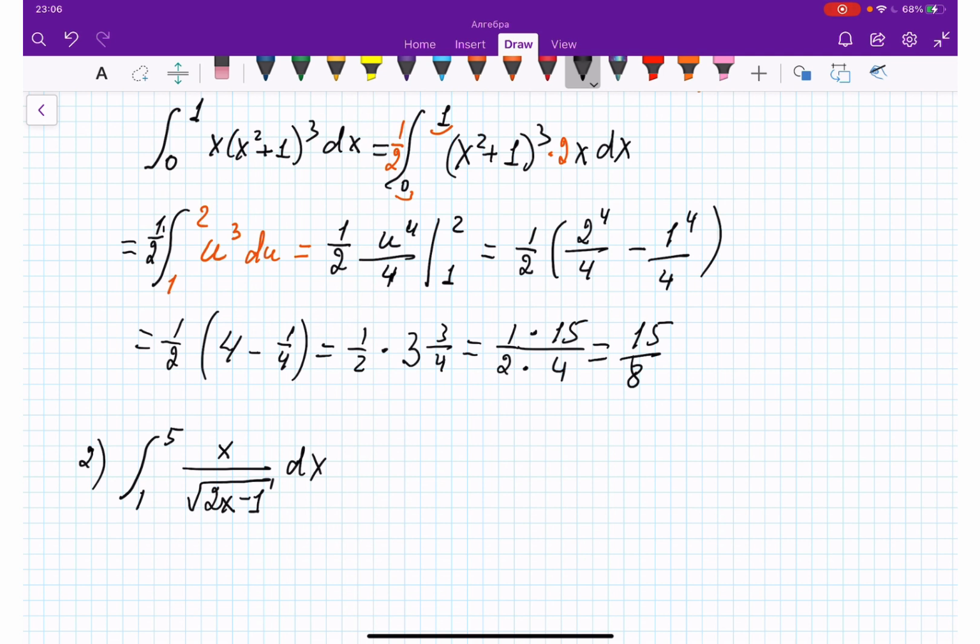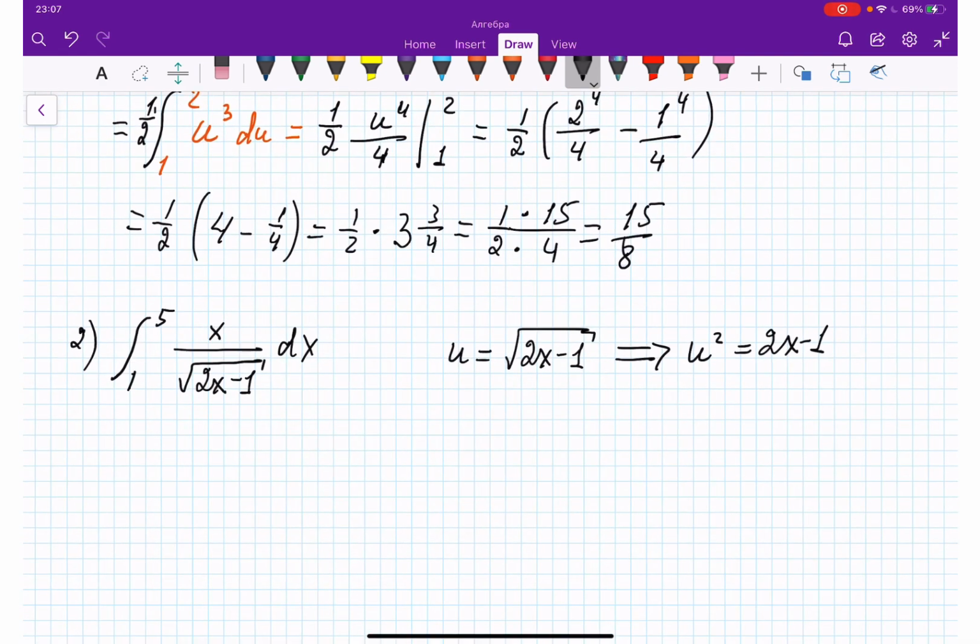To evaluate this integral, let's take u equal to the square root of 2x minus 1. If I want to find x, I need to square both sides. Remember how we solve an equation with a radical? We raise both sides to the power of the degree of the radical. Since we have 2, we are squaring. So u squared is equal to 2x minus 1.